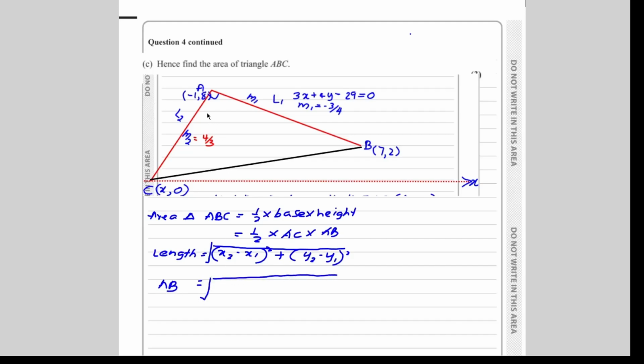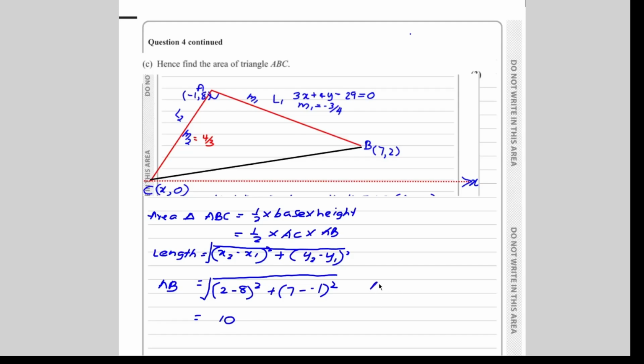AB, we are having two coordinates. So simply we can get it 2 minus 8 squared plus 7 minus 1 squared. So once we plug in the values, we are getting 10.